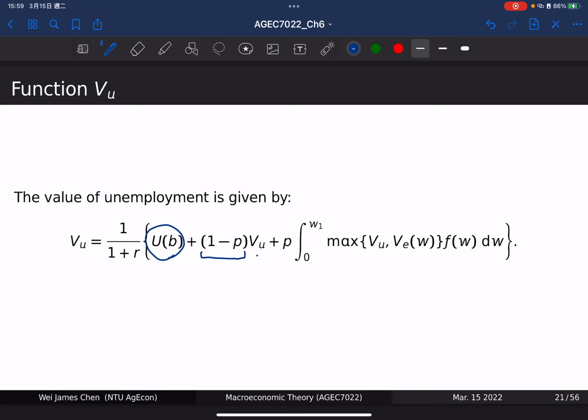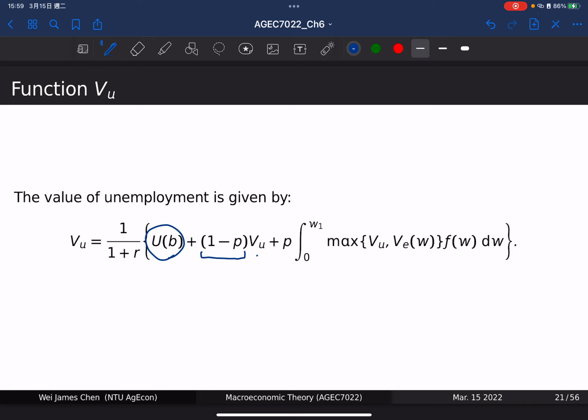And with probability P, you will actually get a job offer. But remember, it's not always the case that you will accept the job offer. The job offer needs to be good enough for you to accept it, right?